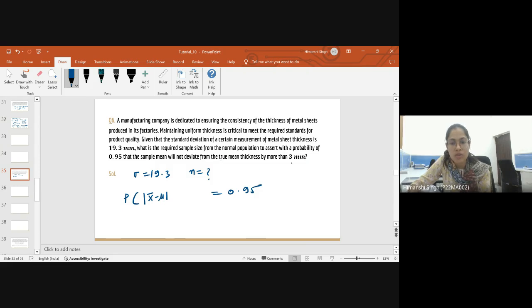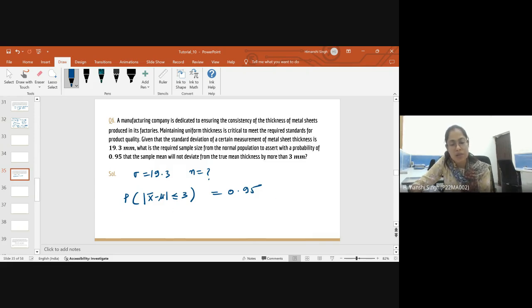So the deviation should be less than or equal to 3 mm. It is saying that the sample mean and the true mean should not deviate by more than 3 mm. So what is the required sample size such that this assertion has probability 0.95? Basically this is the question.